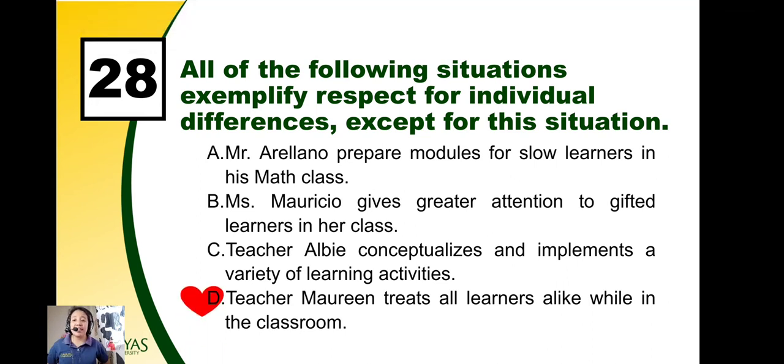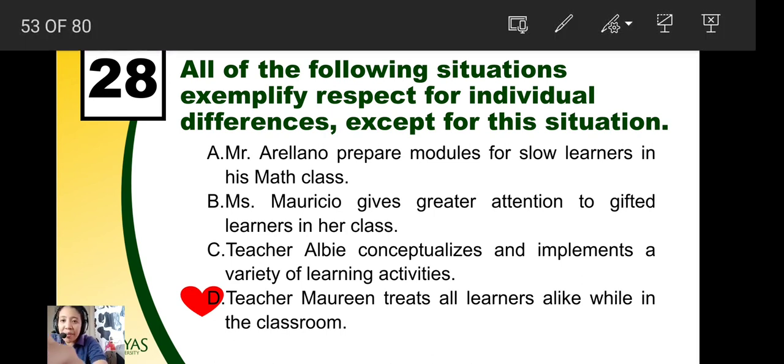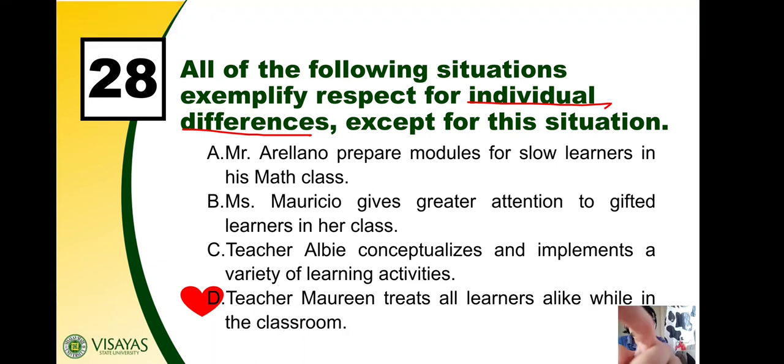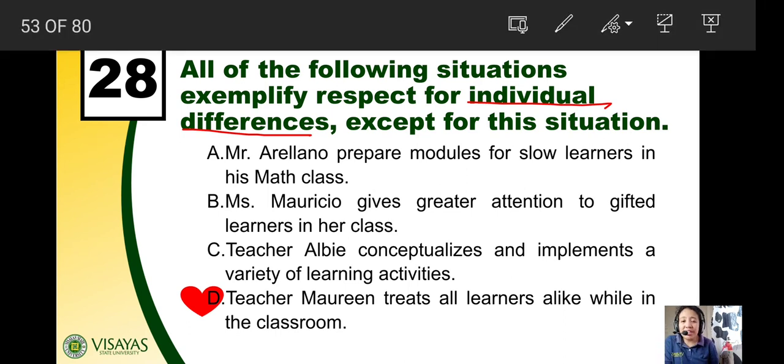That is letter D. So, yung sinasabi kasi rito is individual differences. So, when we say individual differences, we need to consider variety. We need to consider differences. We need to consider multiple intelligences and learning styles.